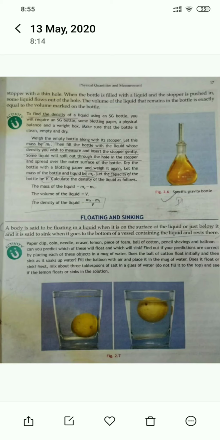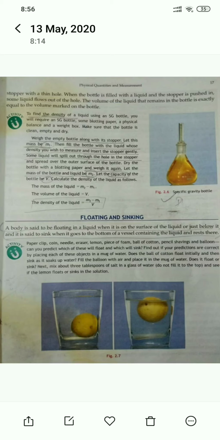Let us suppose that now the mass is m2. So the mass of the liquid will be m2 minus m1, right? And the volume of the liquid will be equal to the volume of the specific gravity bottle, which is already written on the bottle. So you can easily calculate the density now: m2 minus m1 upon v, right? This is how the specific gravity bottle works.